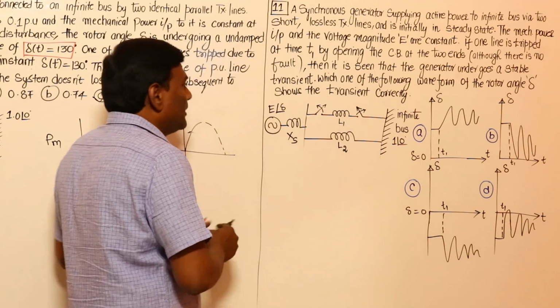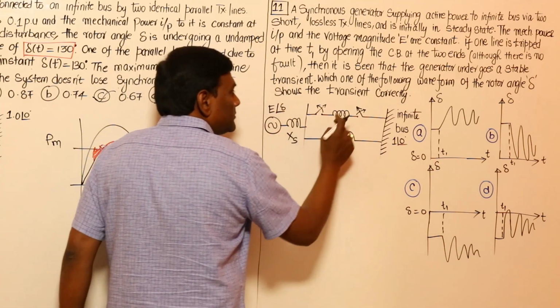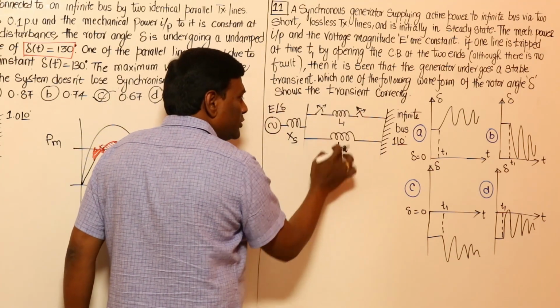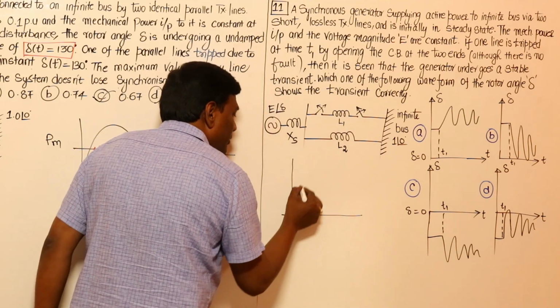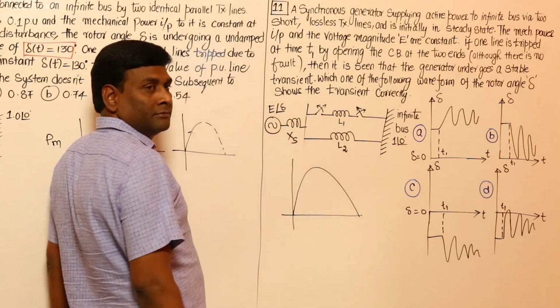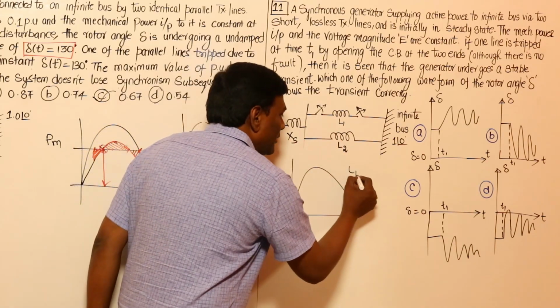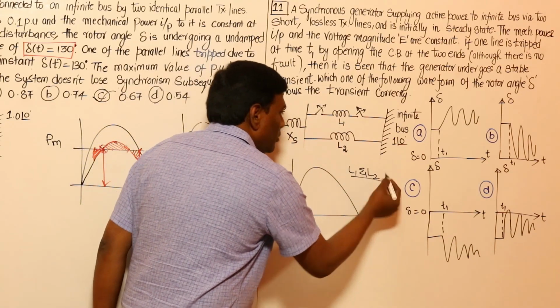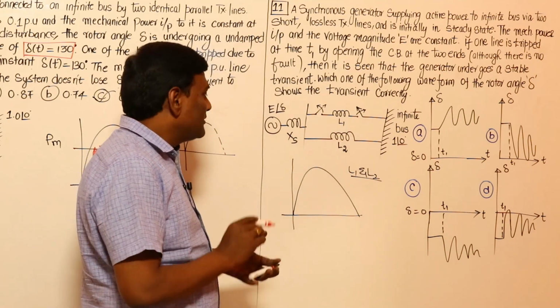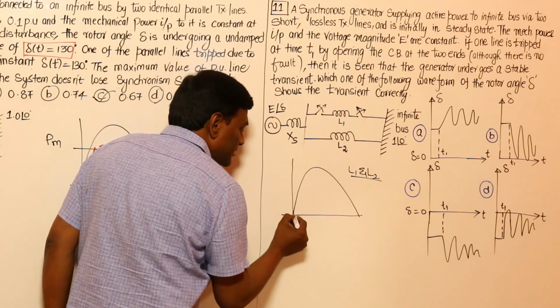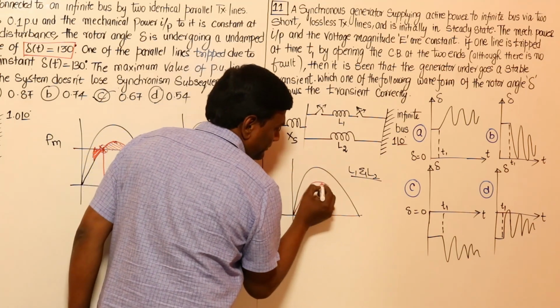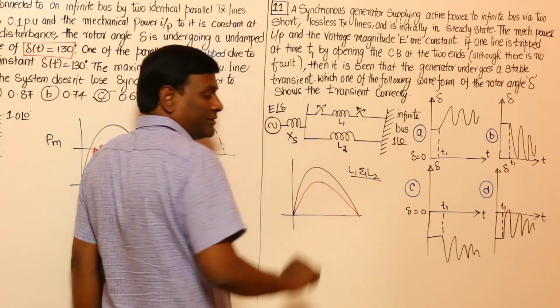For example, when both L1 and L2 are there, the curve is going to be like this. When L1 is disconnected, Pmax should be reduced, yes, Pmax is reduced.